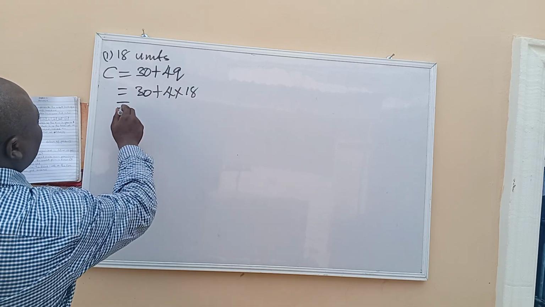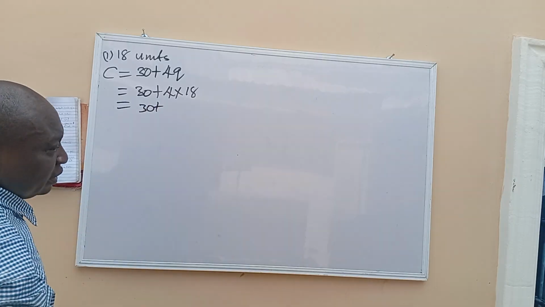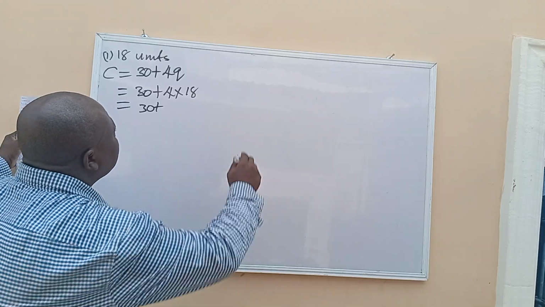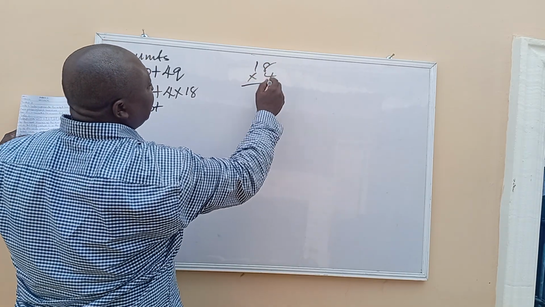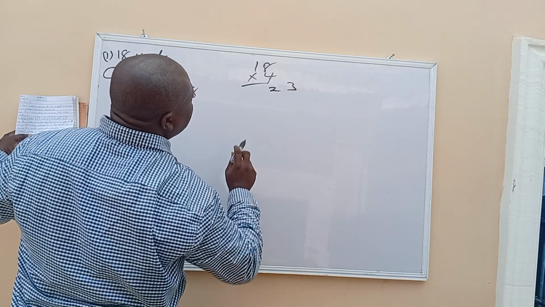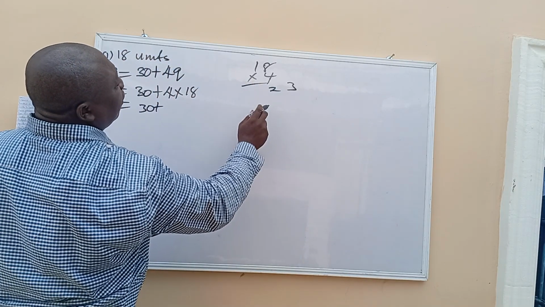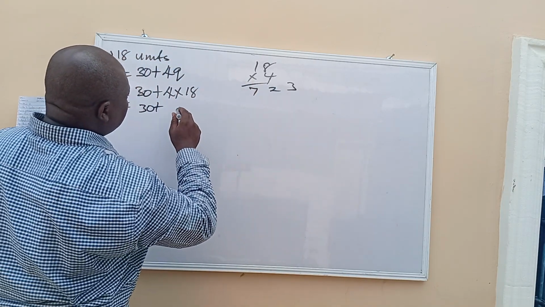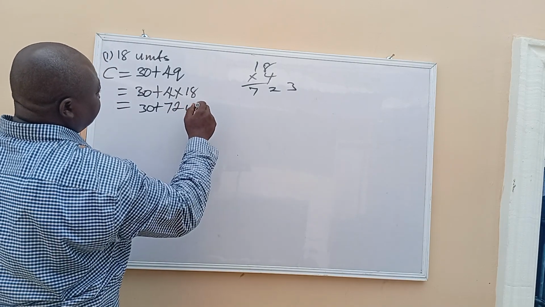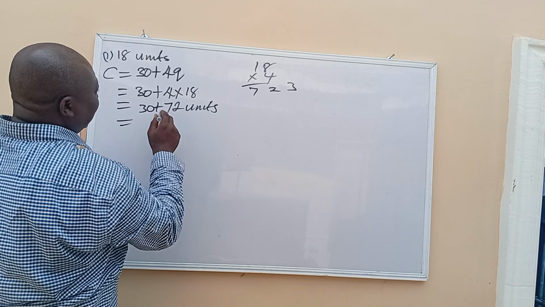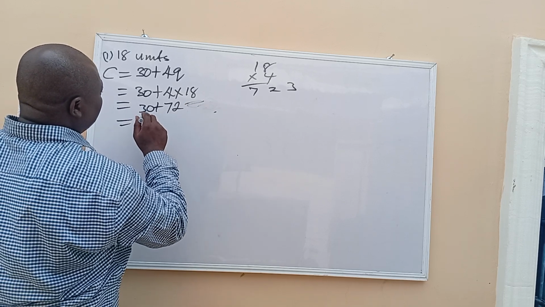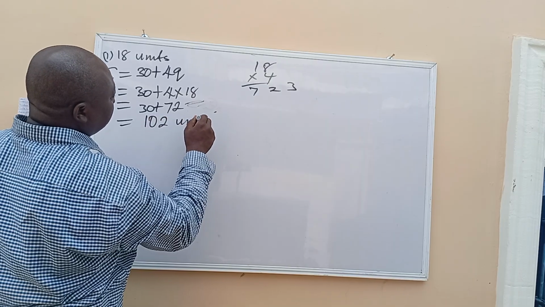So calculate this: 30 plus 4 times 18. 4 times 8 is 32, keep 3. 4 times 1 is 4, plus 3, 7. So 72. Add this plus 30, and it will give you 102.